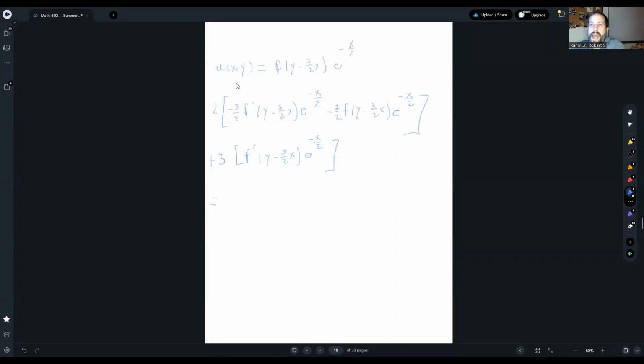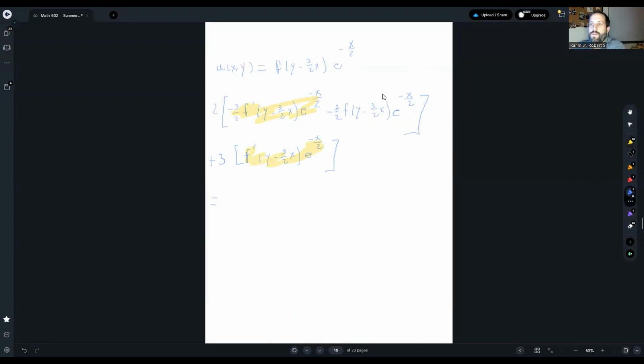Okay, so let's see what's going to happen here. When I distribute the 2, the 2 and the 2 cancel. So I've got minus 3 f prime e to the minus x over 2, and that's going to cancel with this right here. So this term and this term will cancel, and that's equal to 0.